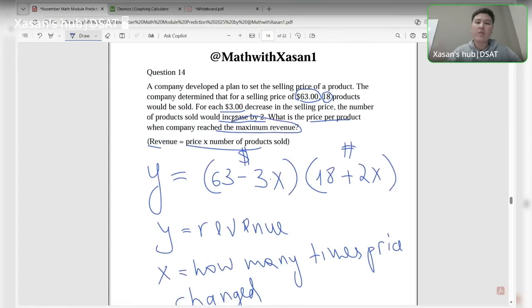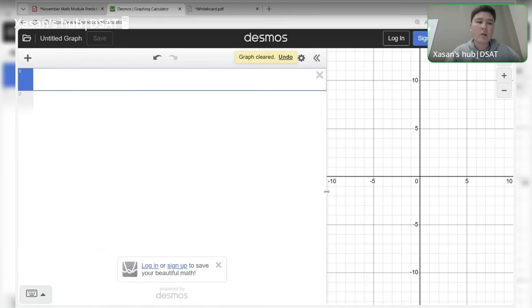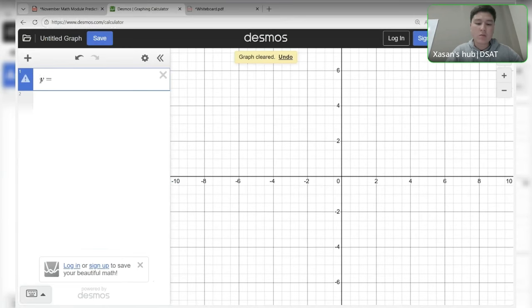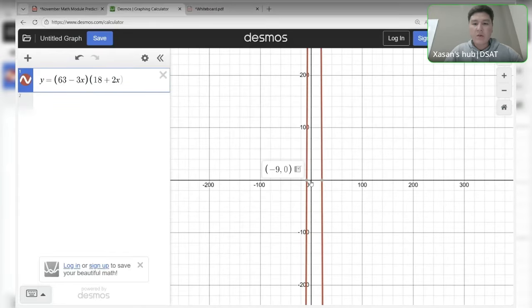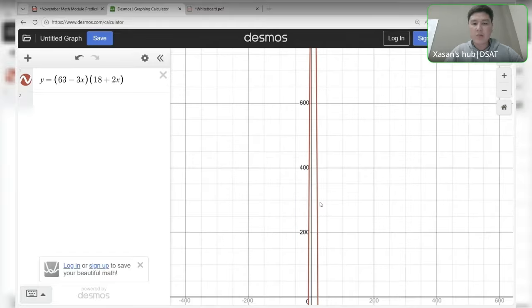The question is asking what is the price per product when the company reached the maximum revenue. The maximum revenue, guys, is the vertex, because the question is now in quadratic form: Y equals (63 minus 3x) times (18 plus 2x). After that, just look for the maximum point.